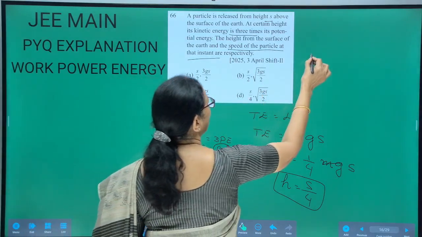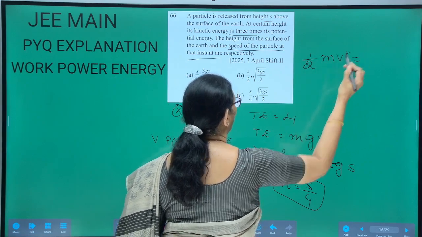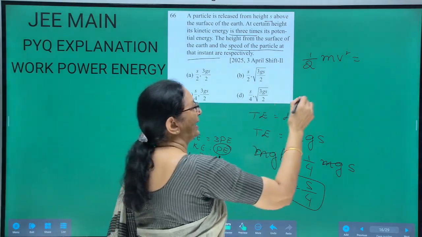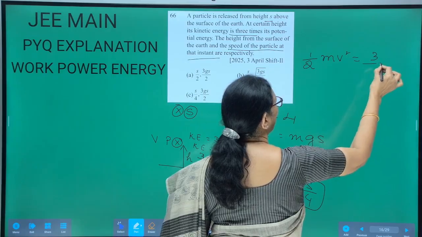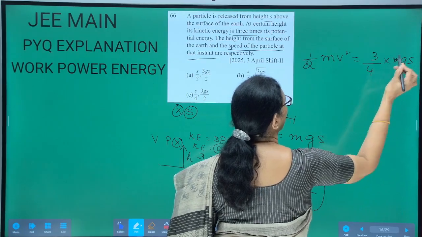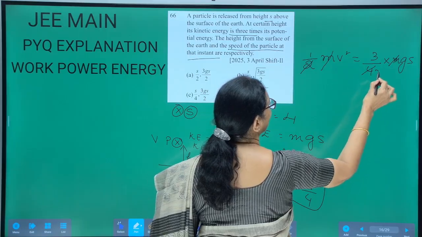Here, see, if speed is v, kinetic energy is half mv square. It is given that kinetic energy is 3 parts out of 4 parts. So, 3/4 of total energy, that is mgs. So, m and m get cancelled, and the 2 is moved across.